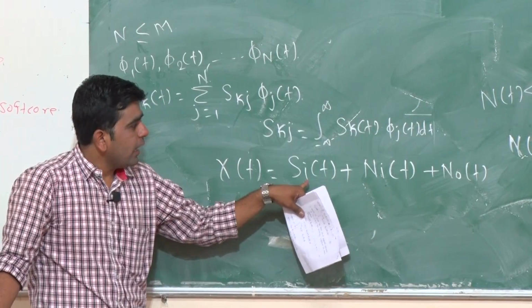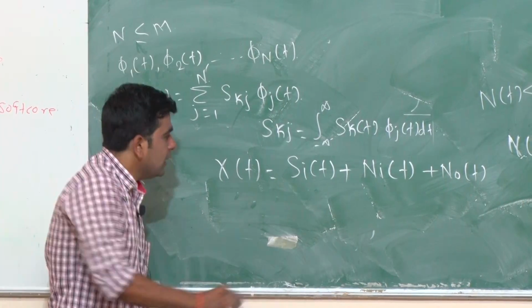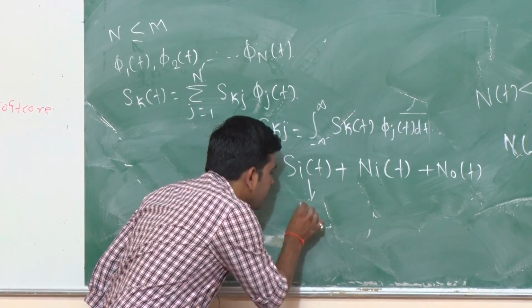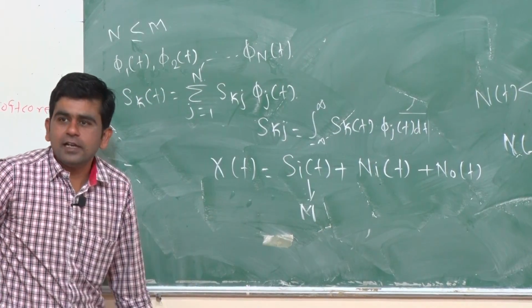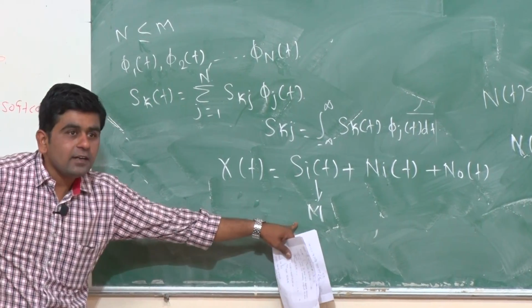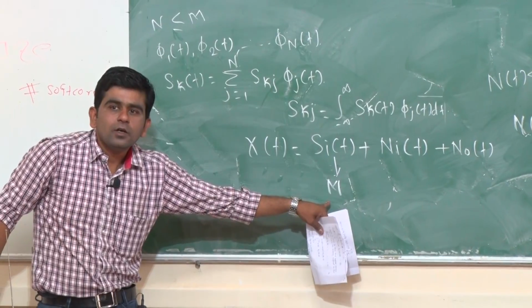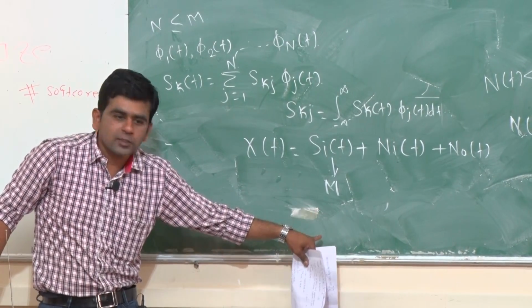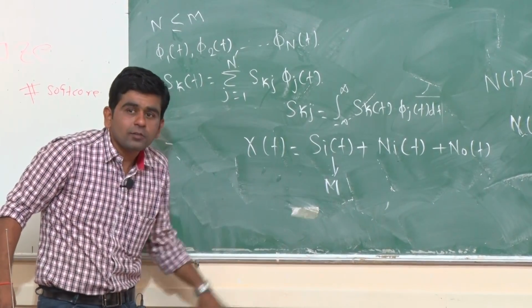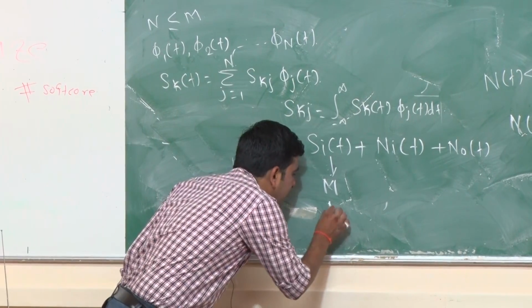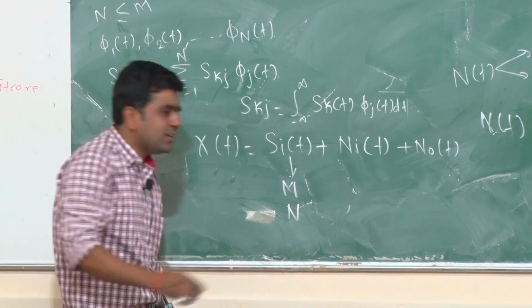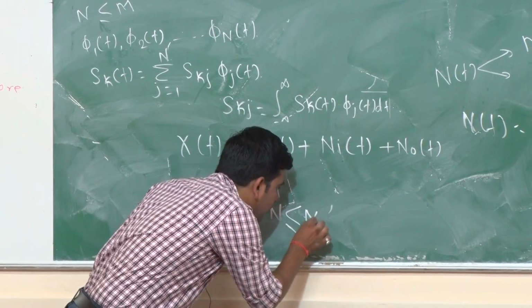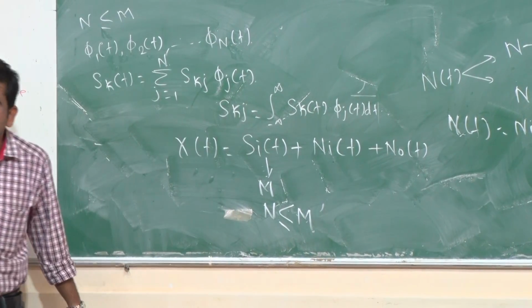So here s i of t, we have m symbols, m signals. We can represent them by using the Gram-Schmidt procedure. We have to find out the basis functions. So for these m symbols, m signals, we will get capital N basis functions, which are less than or equal to capital M. Is it clear?